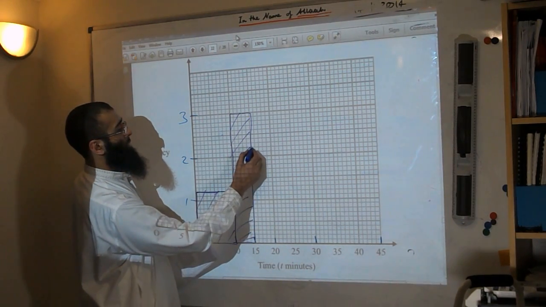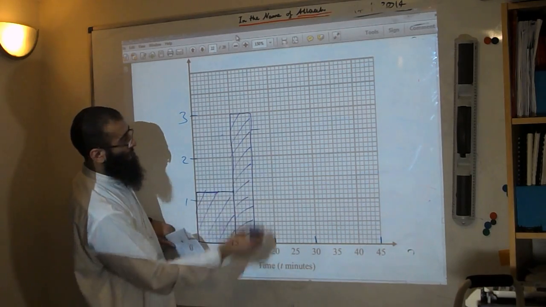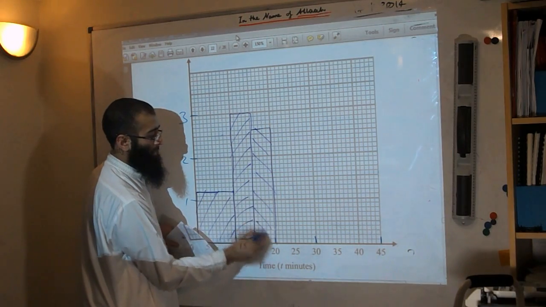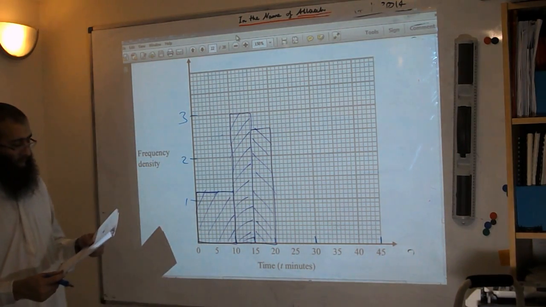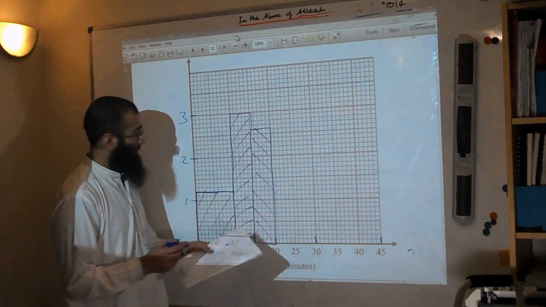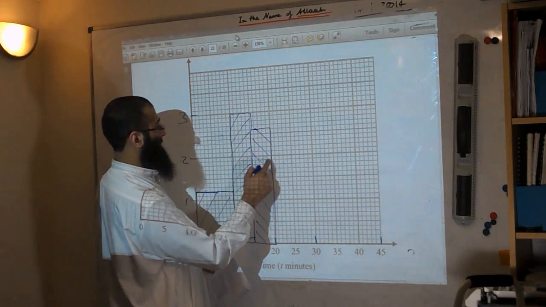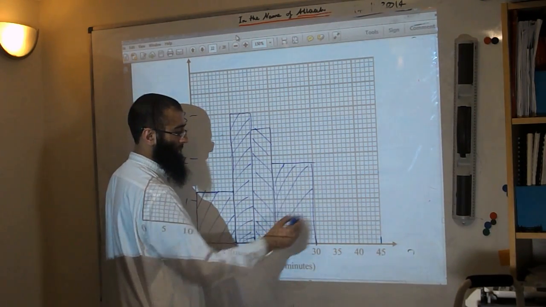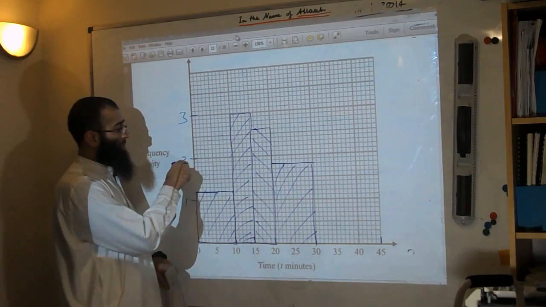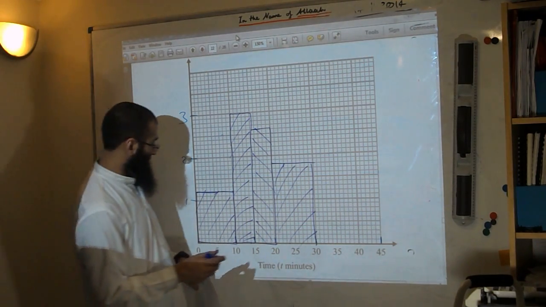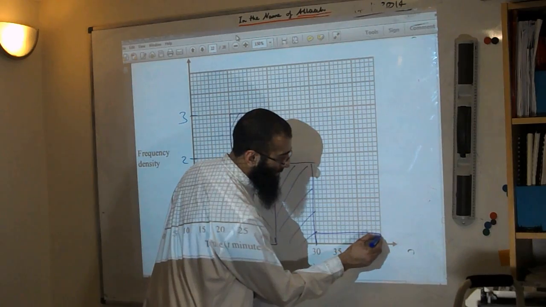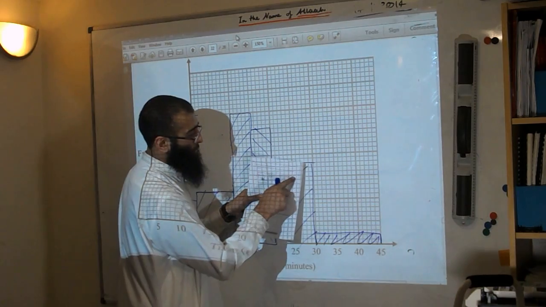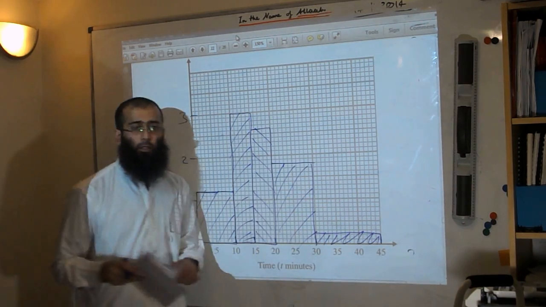Next, 20 to 30 has a height of 1.8, which is two little squares below it. And the last one, 30 to 45, has a height of 0.2.